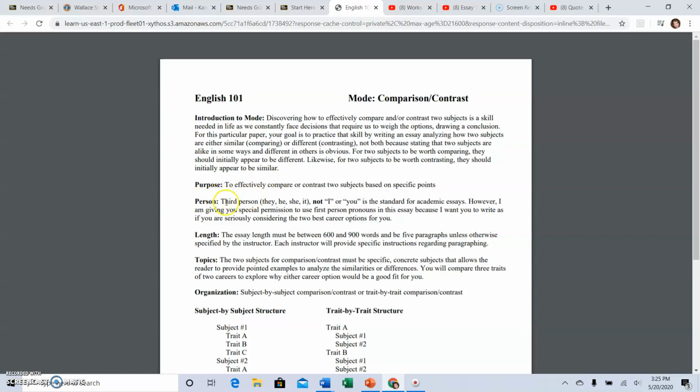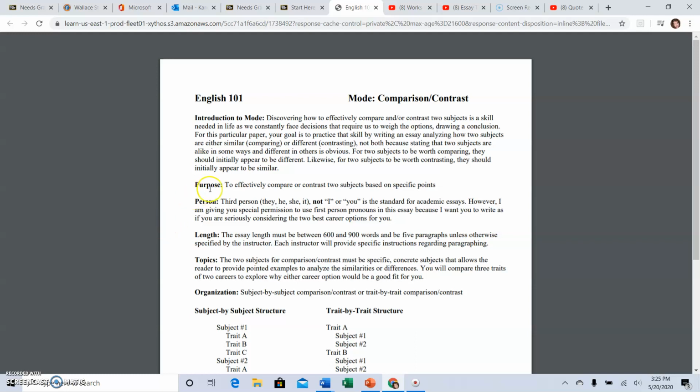Looking at pronouns, generally your instructors for any kind of academic assignment are going to tell you to use third-person pronouns, not first-person pronouns or second-person pronouns. However, because this is an essay about your career choices, I will let you use first-person pronouns in your essay.